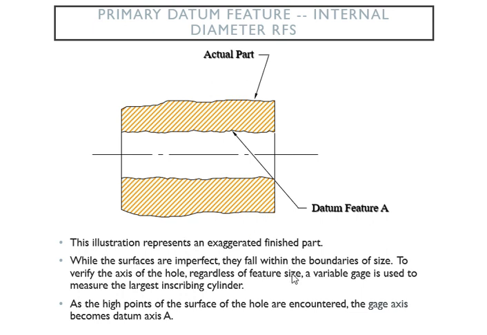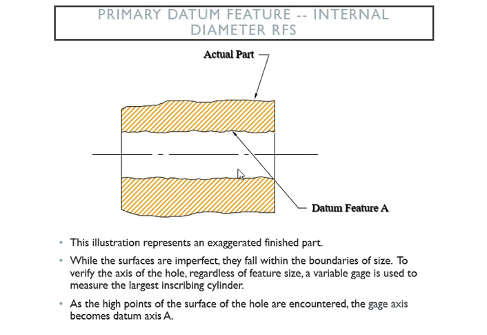So when your surfaces are imperfect, we will think about the boundaries of that size, which we have already studied in other chapters so many times. To verify the axis of that hole, your RFS, regardless of feature size, and that's your datum feature size, the variable gauge is used to measure the largest inscribed cylinder.